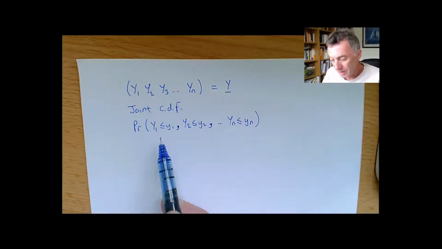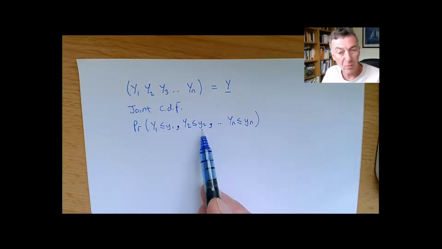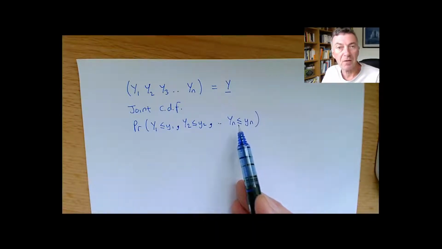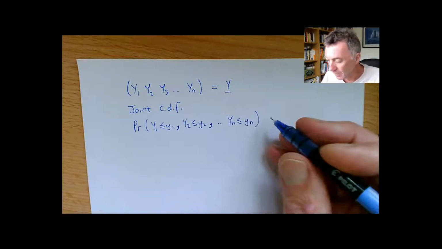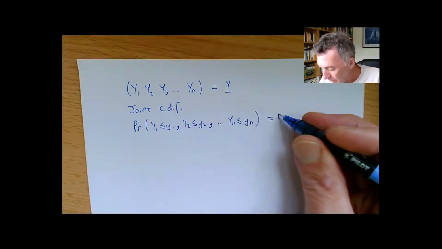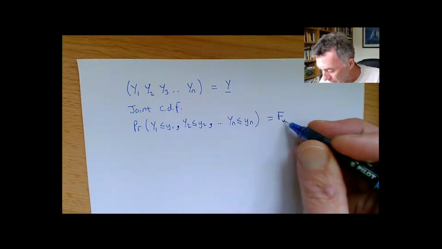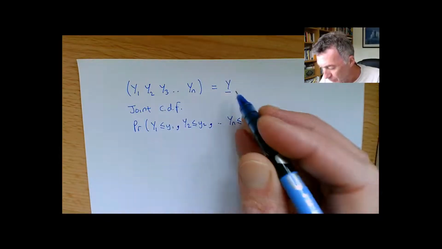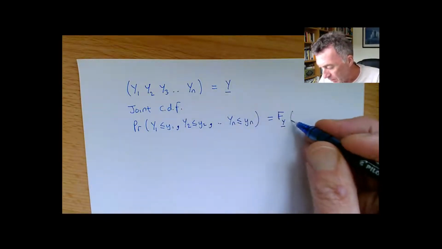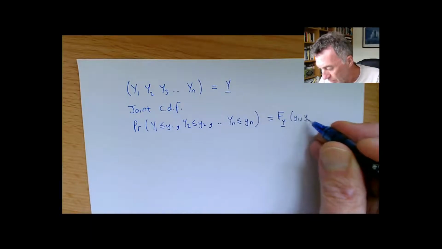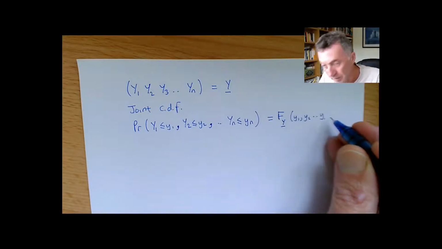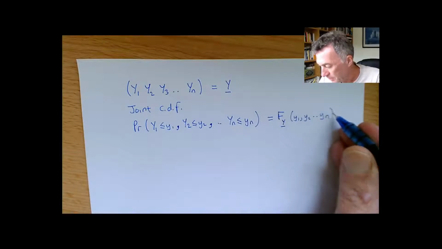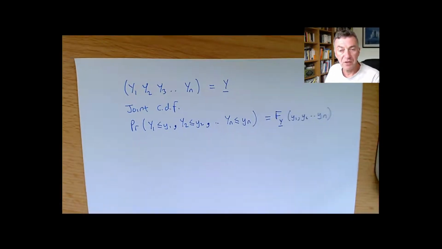So this is what's the chance of the first variable being less than y1, the second variable being less than y2, and the final variable being less than yn. And we can denote that by F capital Y, because it's the distribution of this random vector, y1, y2 up to yn. So that's the joint CDF.